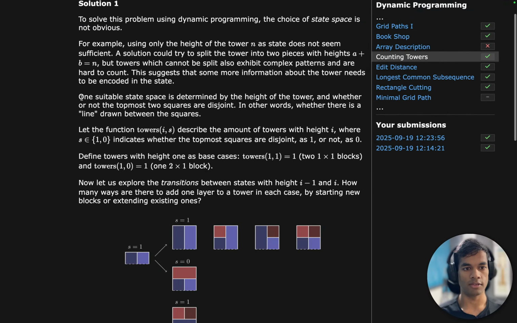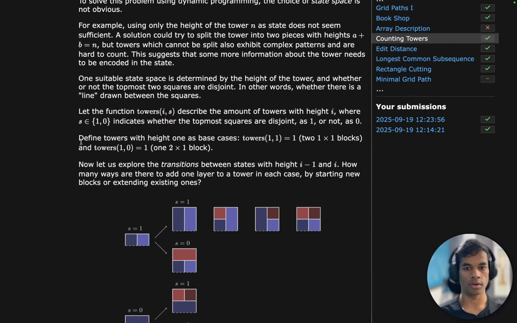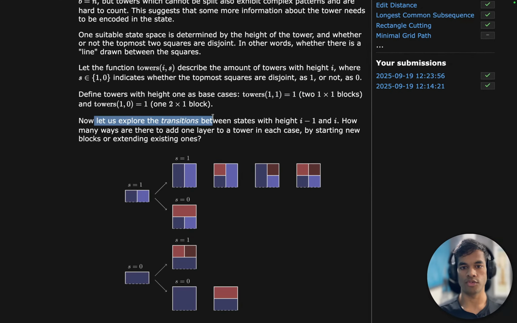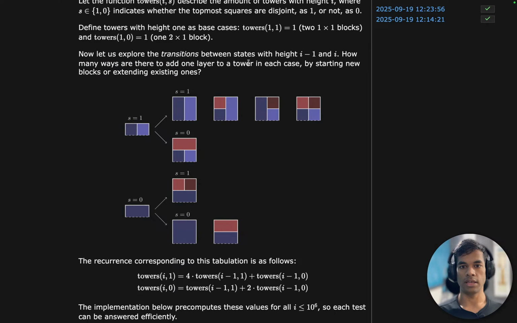Let's read this completely. One suitable space is height and whether they are disjoint or not. The base case is towers 0, 1, and 1. Now let us explore the transitions between states from height i minus 1 to i. How many ways are there to add one layer to a tower in each case, by starting new blocks or extending existing ones?